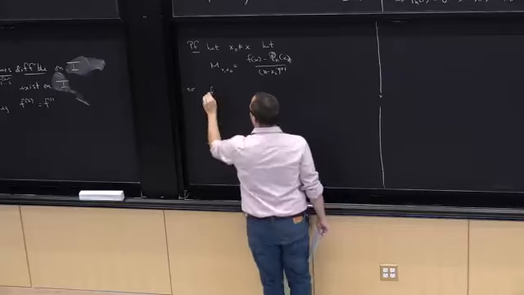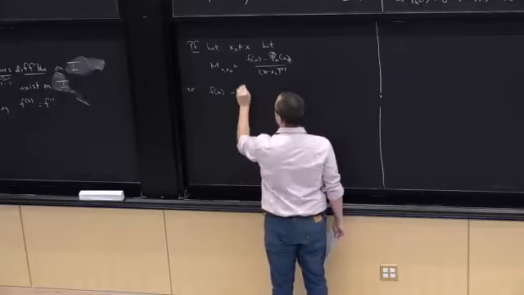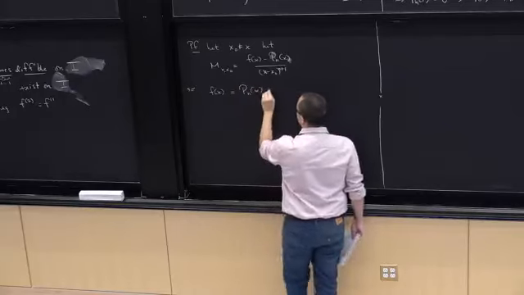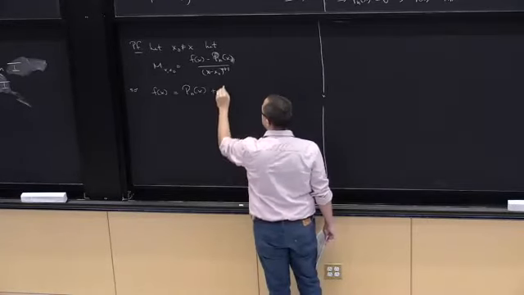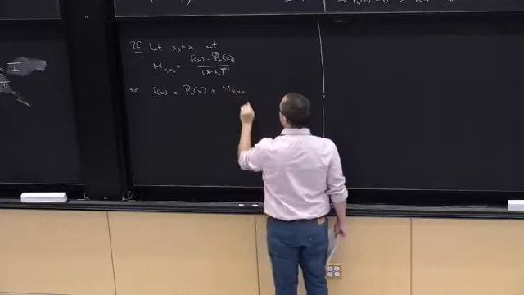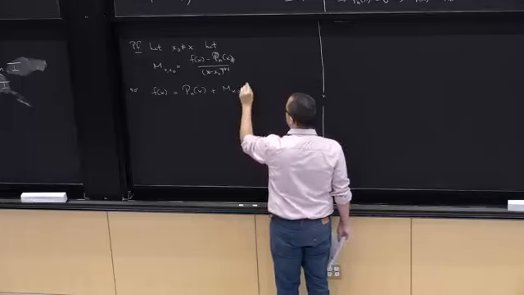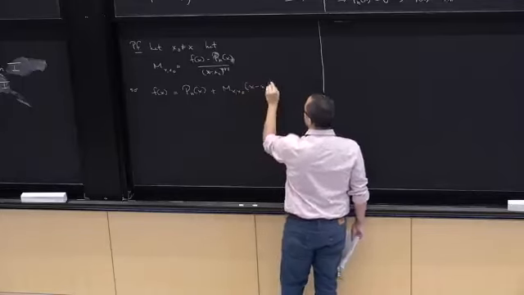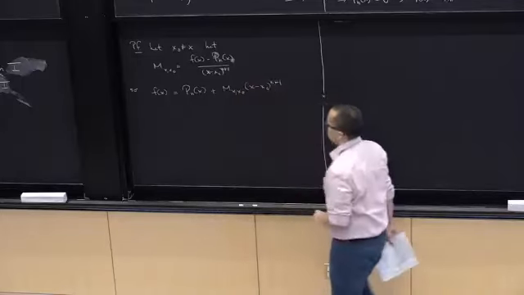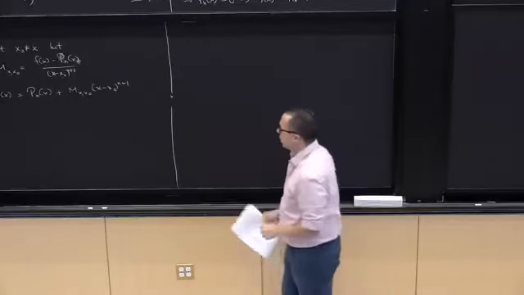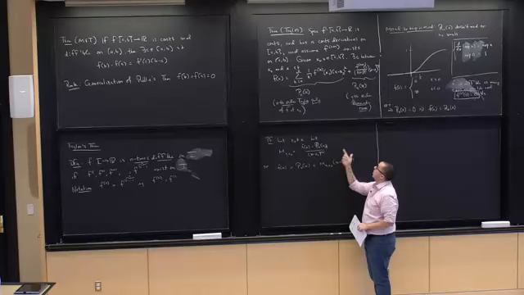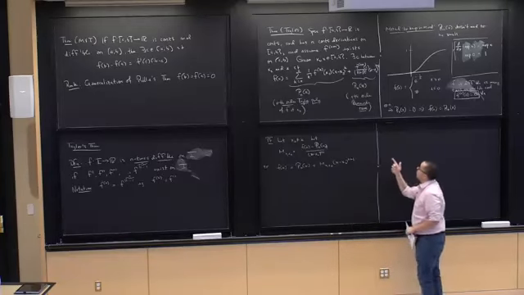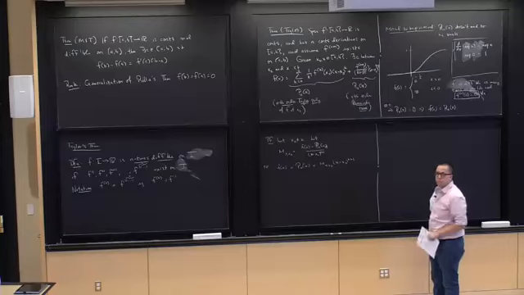Then just rewriting this, this means that f of x is equal to p sub n of x, the Taylor polynomial of degree n at x, plus M(x, x0) times x minus x0 to the n plus 1. Okay? So now the goal is to show that, in fact, this number can be written as the n plus 1 derivative evaluated at some point over n plus 1 factorial. Okay?